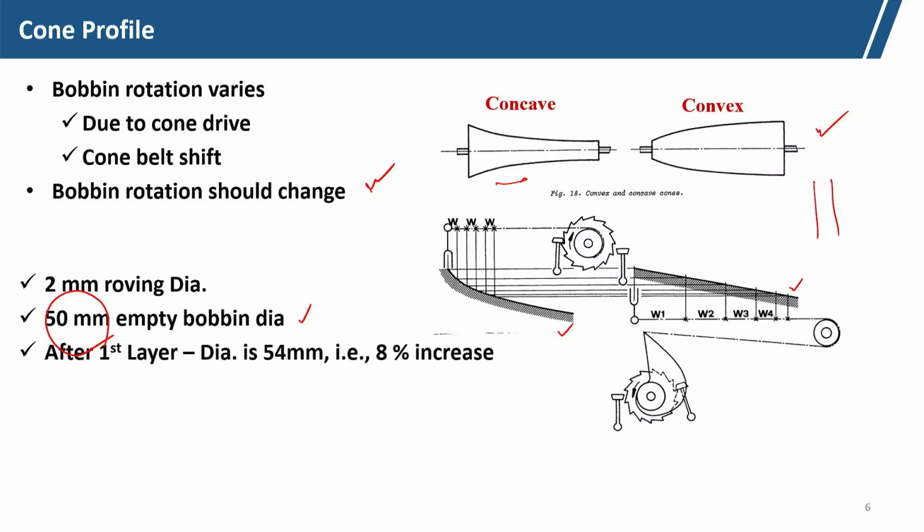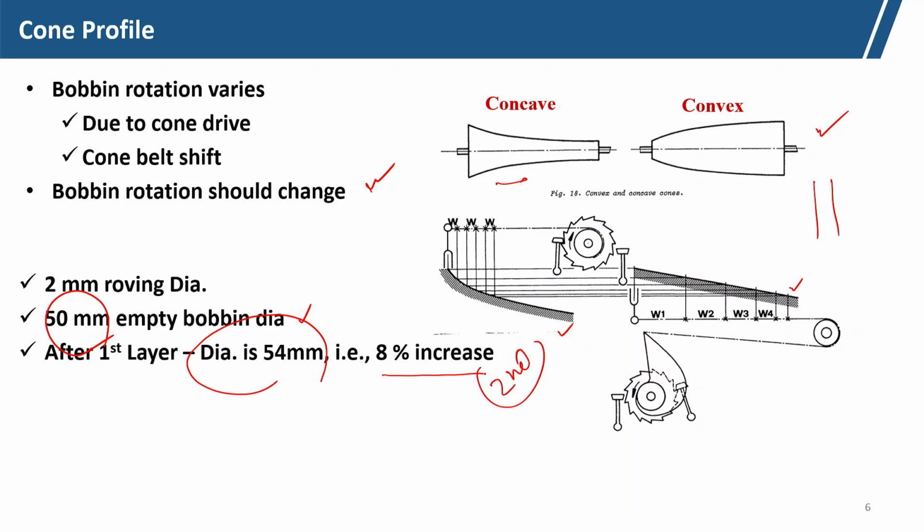After the first layer, the diameter of the bobbin becomes 50 plus 2 multiplied by 2, that is, on both sides. So, it is increasing to 54 millimeter. So, there will be an 8% increase in diameter.